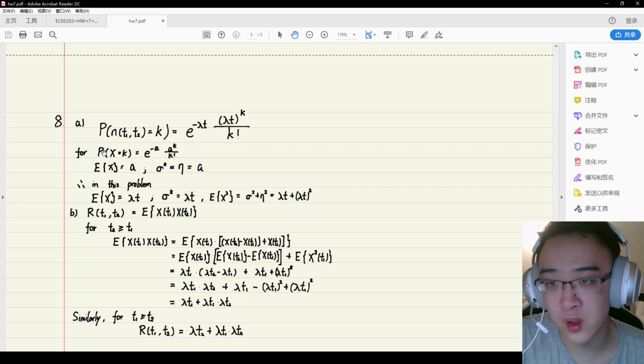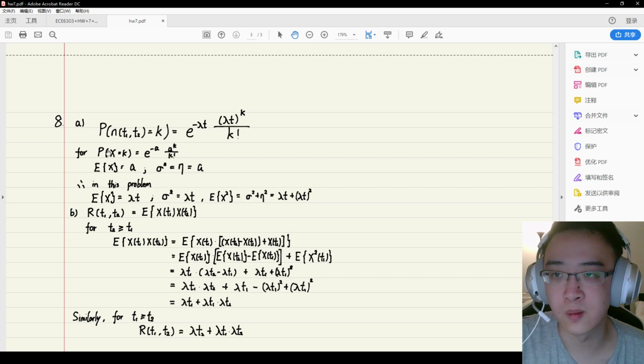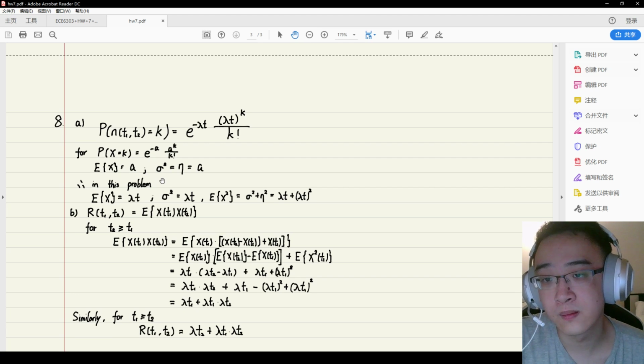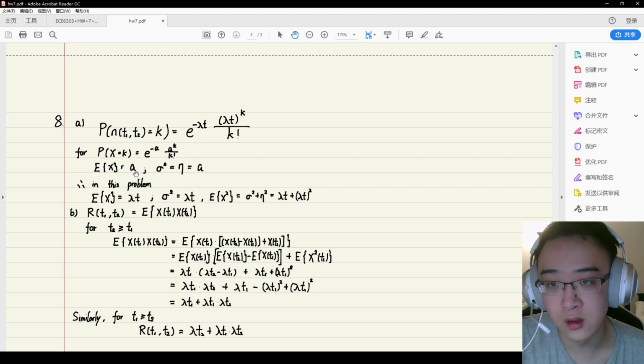For P(X = k), the probability is equal to e to the negative a times a to the k over k factorial. The mean value, which is also the expected value, is equal to a, and the variance is also equal to a.